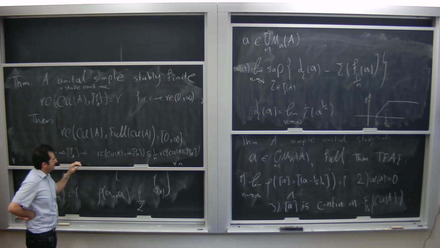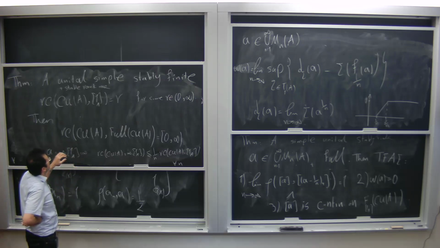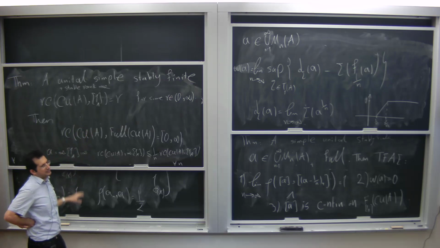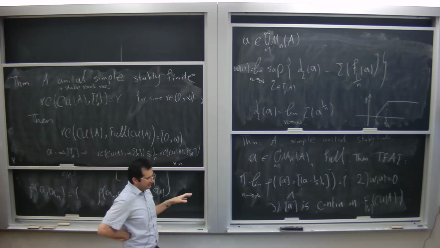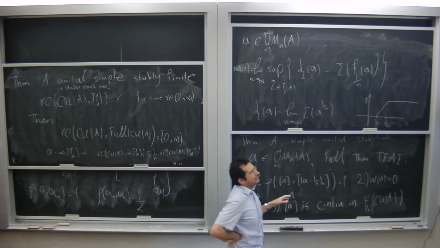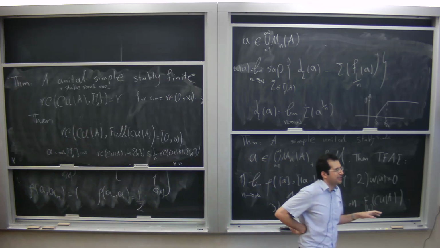No, that's okay. So this is one point, and the other point is that here I use the algebraic radius of comparison. If you have the definition of algebraic radius of comparison, then your full element can be infinity.